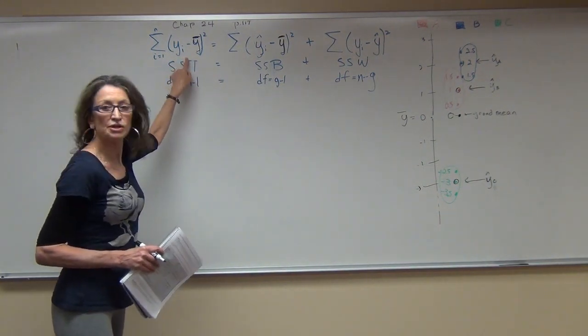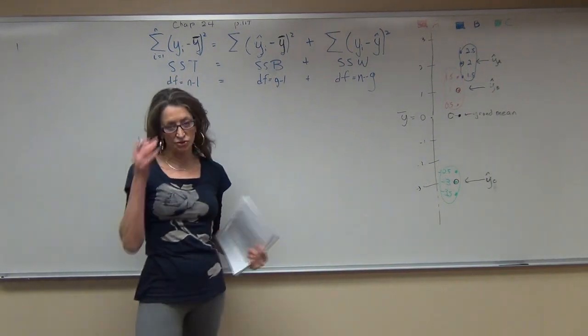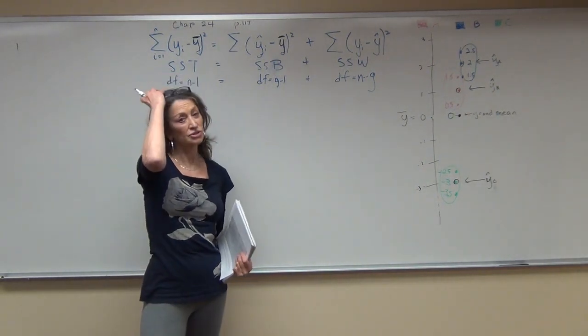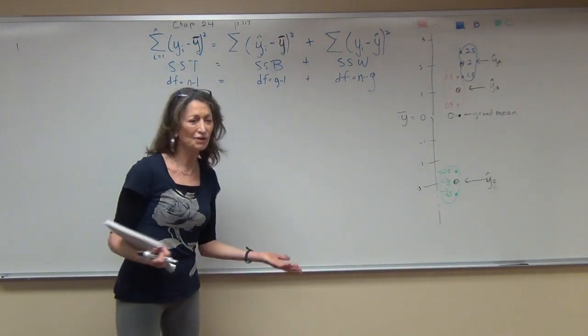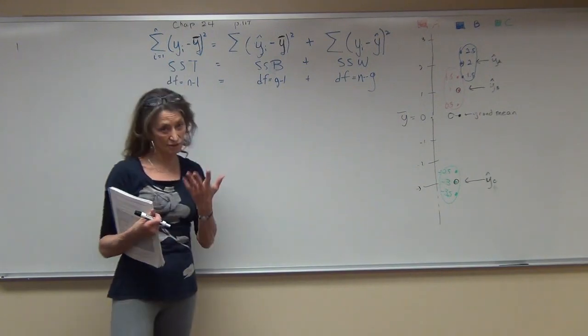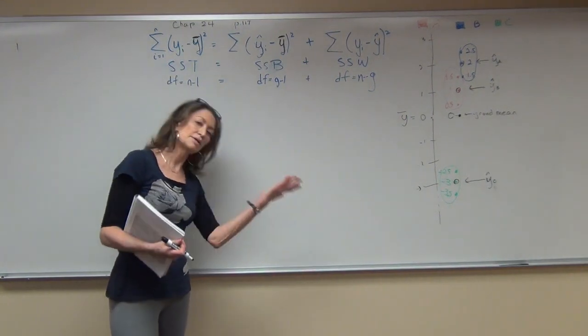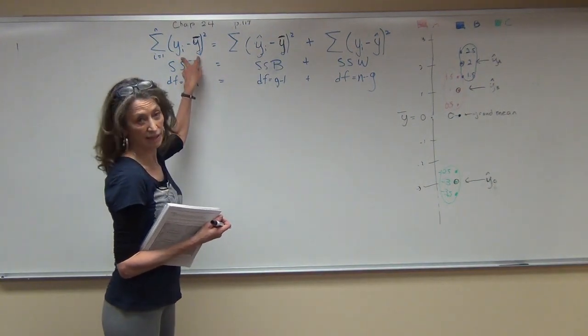So this sum of squares T is just our usual sum of squares total, which is just the variation around the y's. If there was no variation, if all these y values were the same, there'd be nothing to predict, right? So it's just how spread out they are.